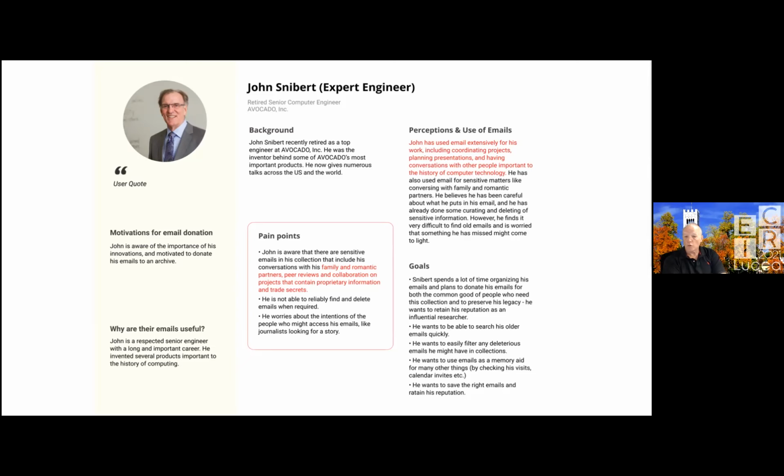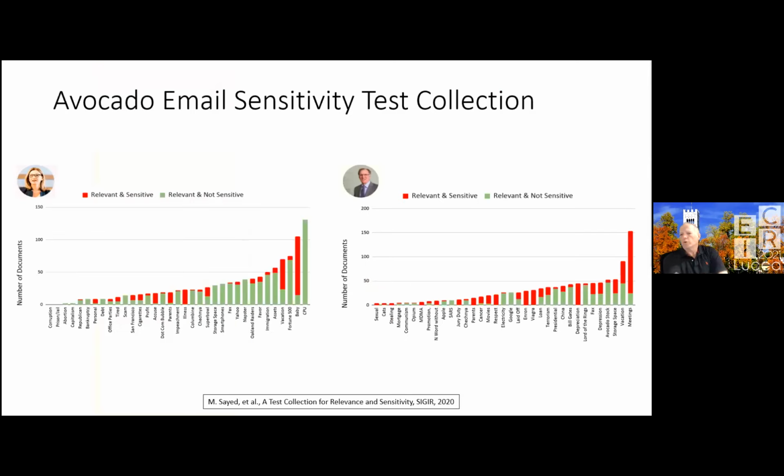We have these two personas, and then we can do exactly the same thing. We get a set of topics. Now, these are topics that our annotators made up in the standard TREC style, where annotators learn a little bit about the collection and then they start making up topics. We had undergraduates as annotators, and the undergraduates are very creative and they find things about, I don't know, loans and meetings and Viagra.